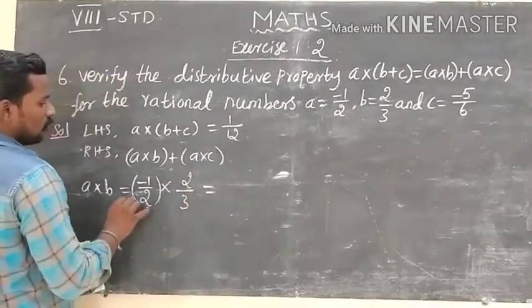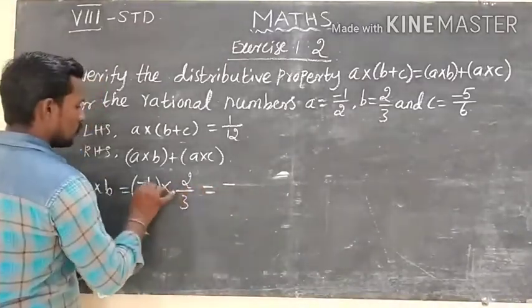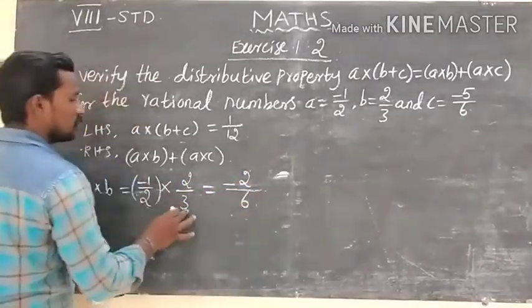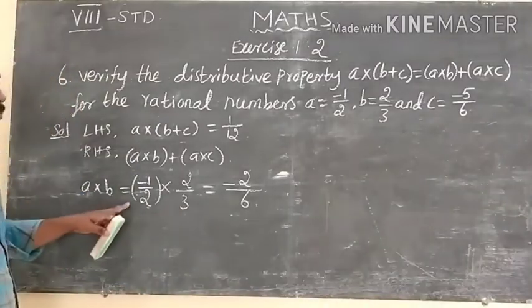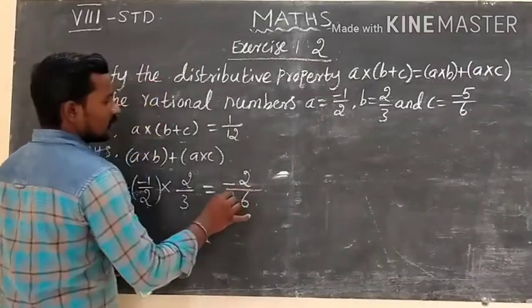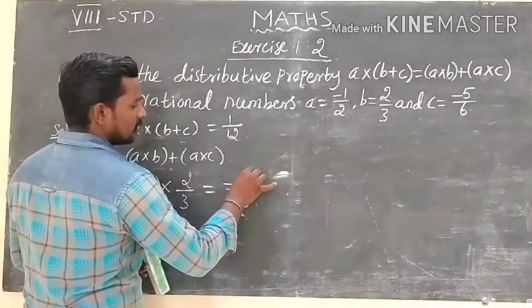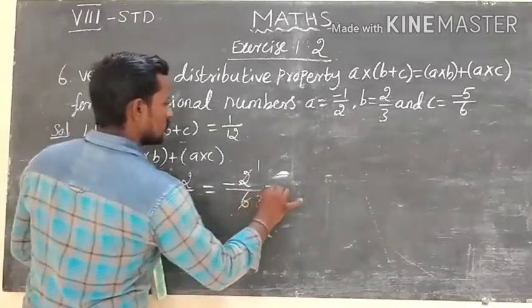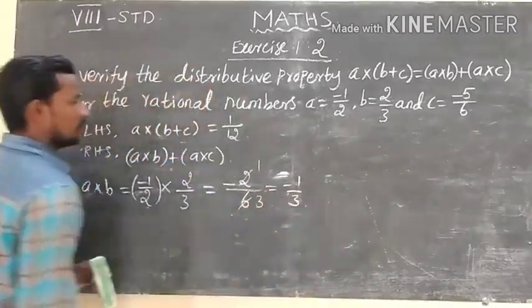This is minus into plus is minus, 1 twos are 2 divided by 3 twos are 6. Using the cancellation law, 2 ones are 2, 3 twos are 6. This is equal to minus 1 by 3.